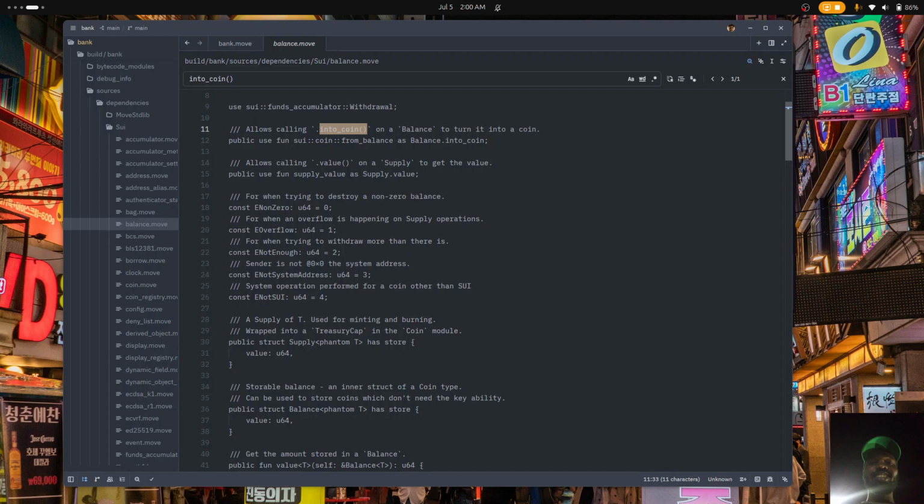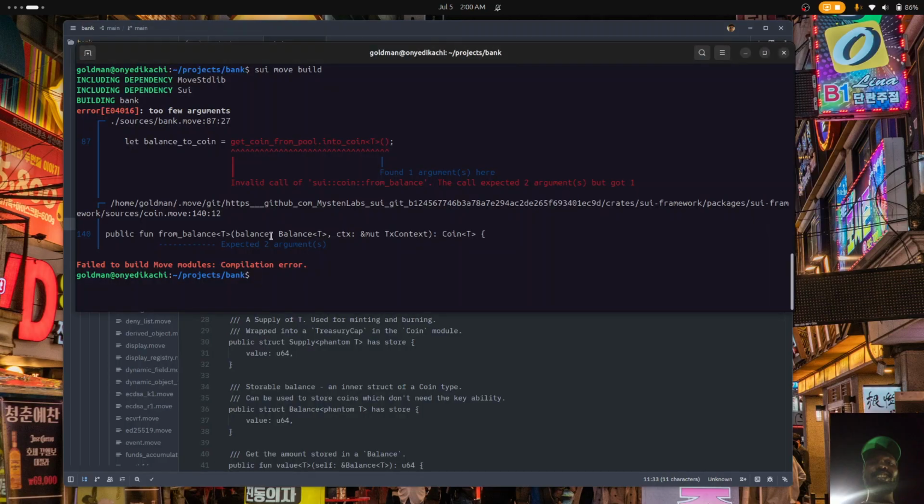Just one function here, and the API doesn't specify passing anything, so let's solve it with our brain. So let balance to coin, get coin from pool, dot into coin. Found an argument, that's self. Valid call of this, expected two arguments. But then this is what is there, from balance.